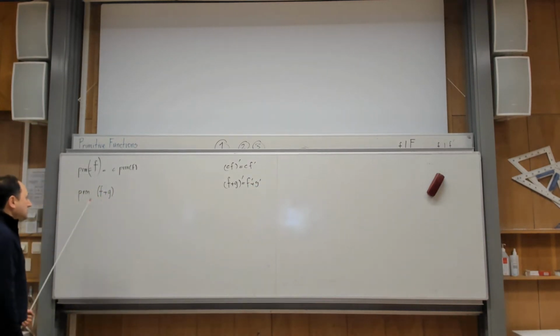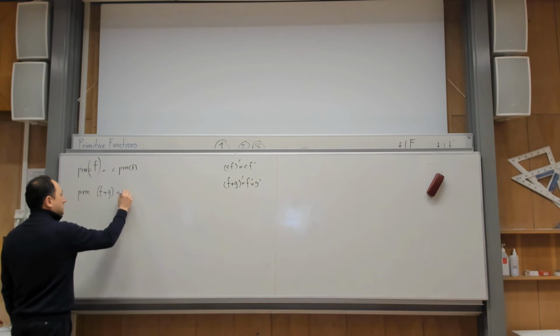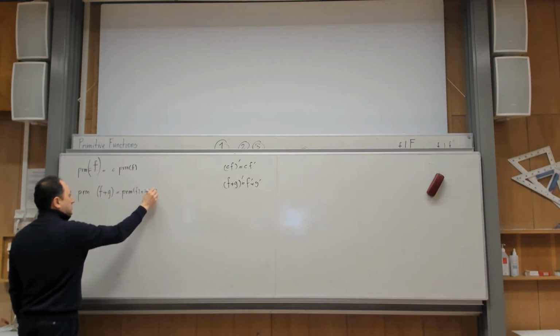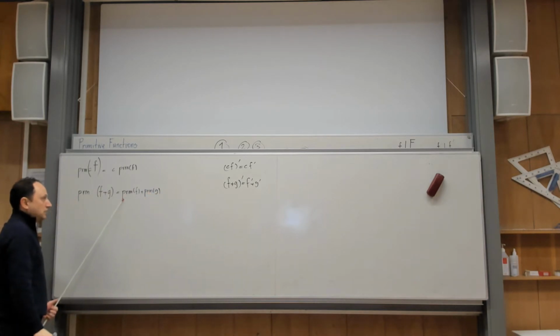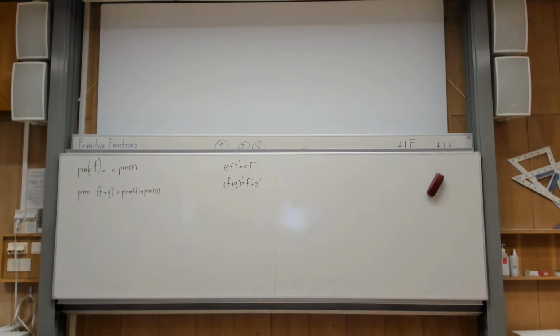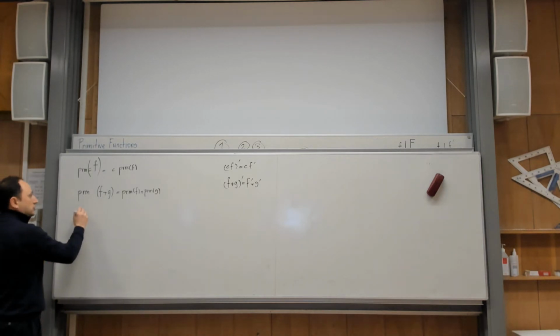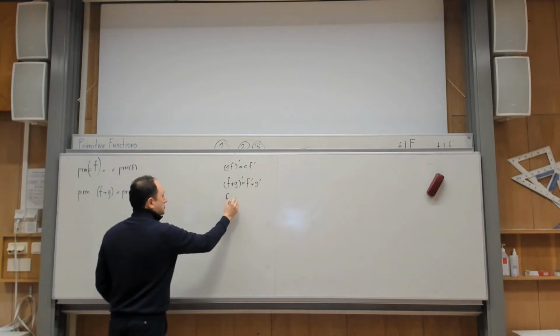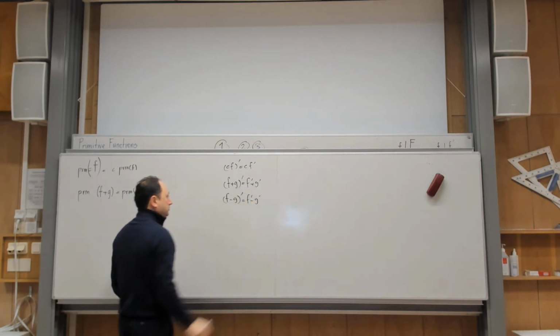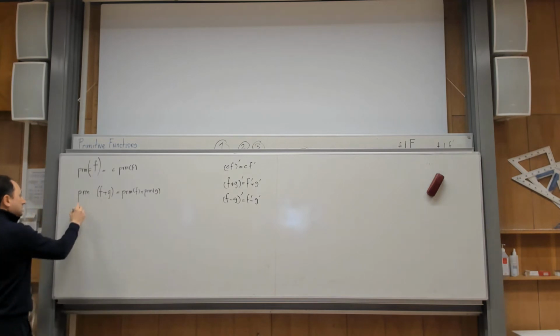Analogous to this is this one: it becomes the primitive function of f plus the primitive function of g. By the way, this result follows exactly from this result. It's not something strange. And then, of course, if I have f minus g prime, this becomes f prime minus g prime. The same is true here.